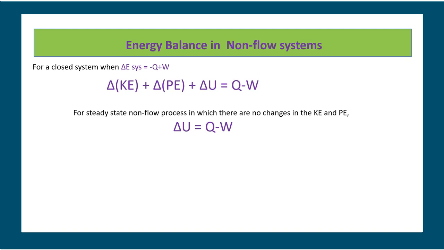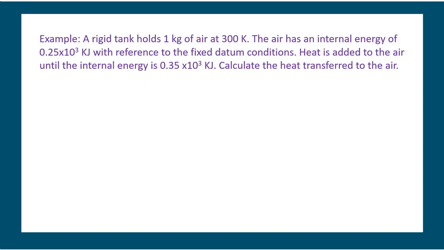If you are considering a non-flow process in which there are no kinetic energy or potential energy changes, this equation simplifies to delta E equals delta U equals Q minus W, right? We can even do a model example where internal energy at one condition and at another condition are given, and heat is added to the air until the internal energy increases to a certain value, and we calculate the heat transfer to the system.